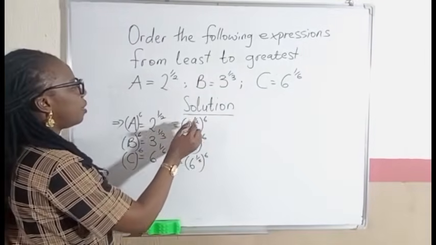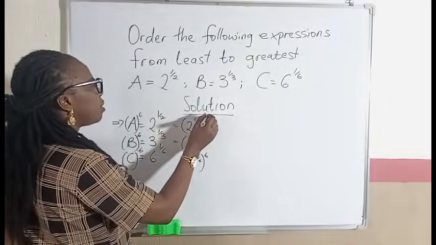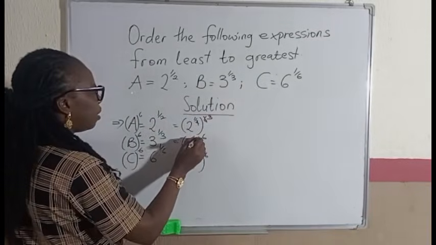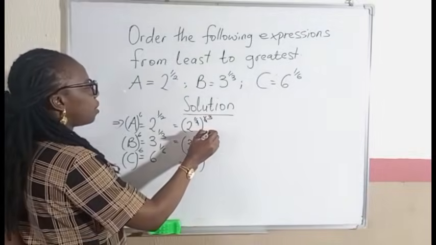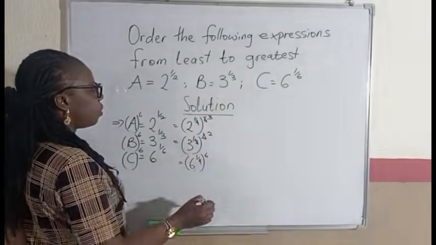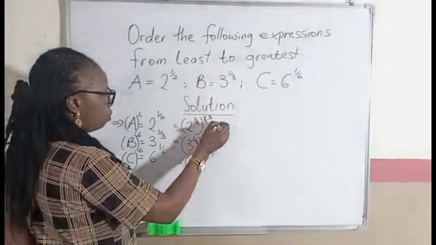Now from here, 2 will divide itself and divide 6 to get 3. 3 will divide itself and divide 6 to get 2. 6 will divide itself and divide itself to get 1.